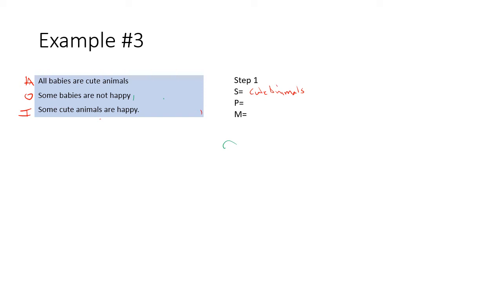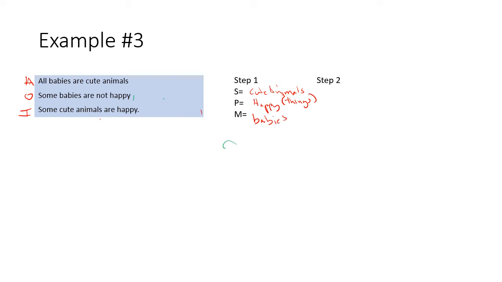The P is the predicate of the conclusion, so this is happy, and technically it should be happy things because we're talking about things. And then the M term, the middle term, is the term that appears in the premises but not in the conclusion, and that in this case is babies.